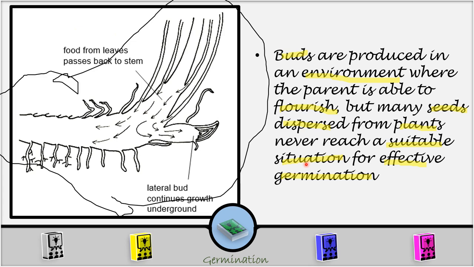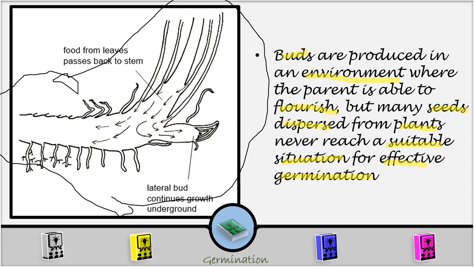That is another advantage of vegetative propagation, that these plantlets that we have are developing in an area where their parents have flourished, which means that it is a 100% sure deal that they are also going to flourish in that area.